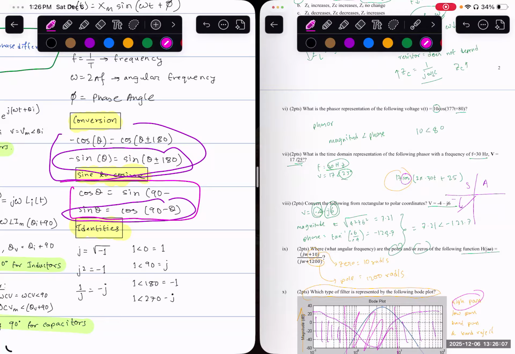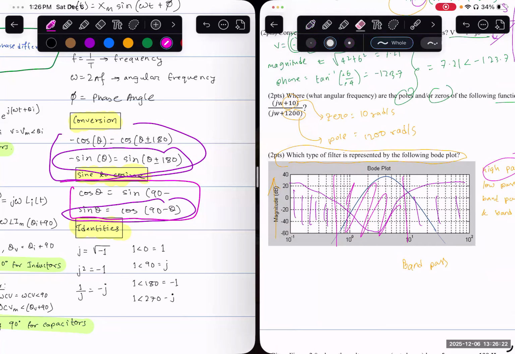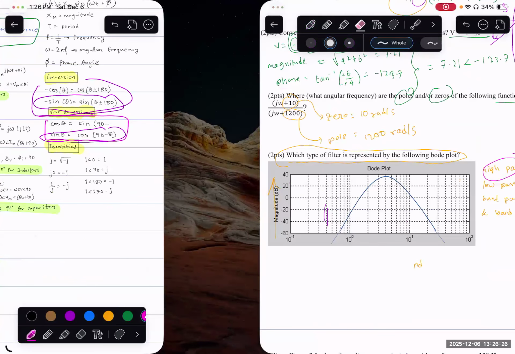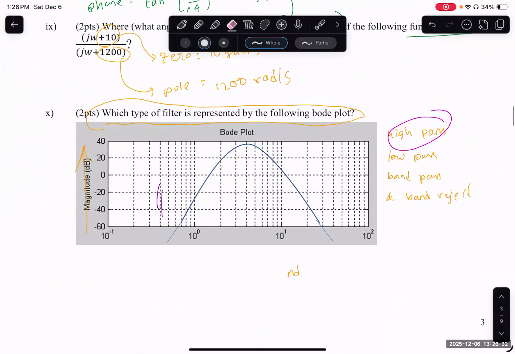Can you go over the Bode plot one more time? Sure. It was actually not a high pass, it was a band pass. I highlighted high pass because I was trying to differentiate what a high pass looks like.